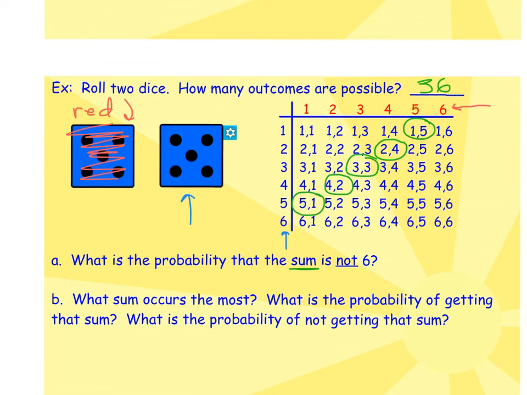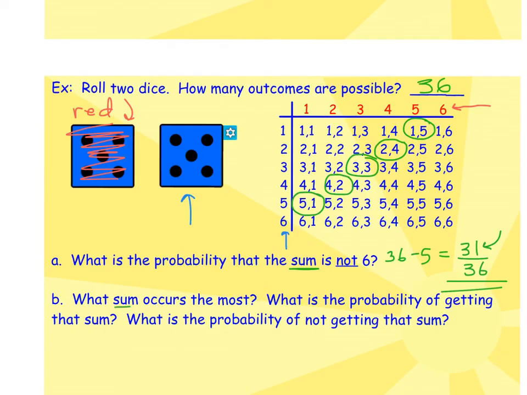So there are 5 pairs that land with a sum of 6. Therefore, out of 36, the probability would be 36 minus 5. So it'd be 31 out of 36. 31 are all the different ways they could land and not have a sum of 6. So using that complement rule, instead of trying to count up all the ways it could not be, we found all the ways that were and then just subtracted.